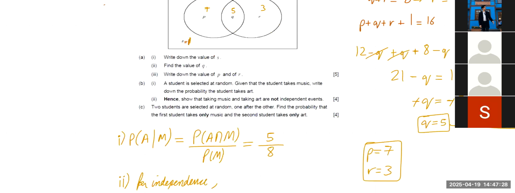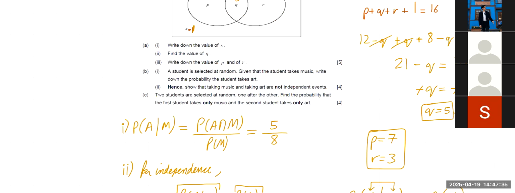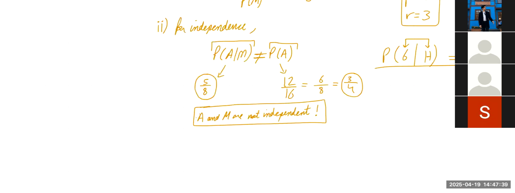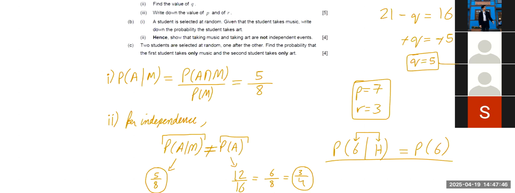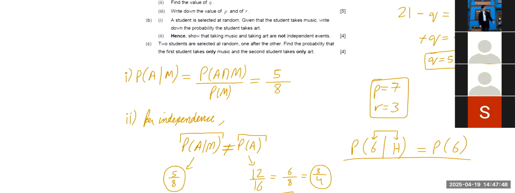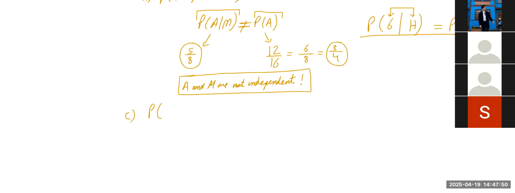Yeah. Perfect. And the final question is, two students are now selected at random, one after the other. Find the probability that the first student takes only music, and the second student takes only art. How do we do this?